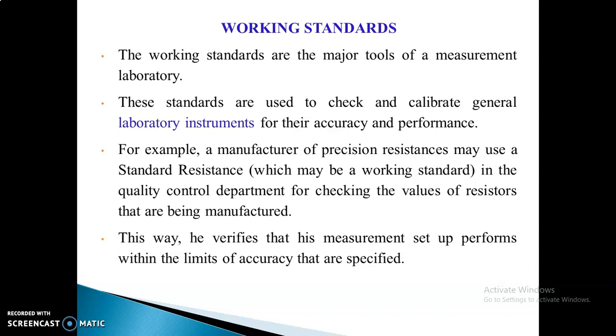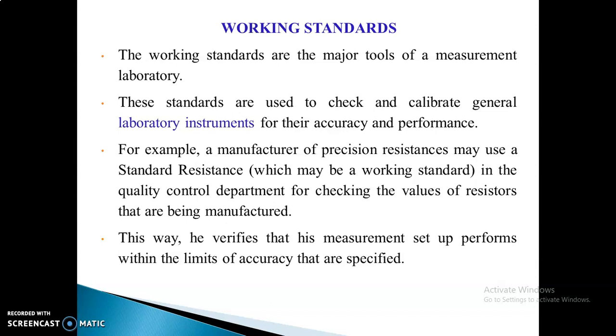What we are doing for resistance measurement, we use the Wheatstone bridge and Kelvin's double bridge. So these are all the setups we have from the laboratory point of view. Using those laboratory kits, we calculate the resistance value, or else in the laboratory we have a multimeter, and using that multimeter we check the value of the resistance.